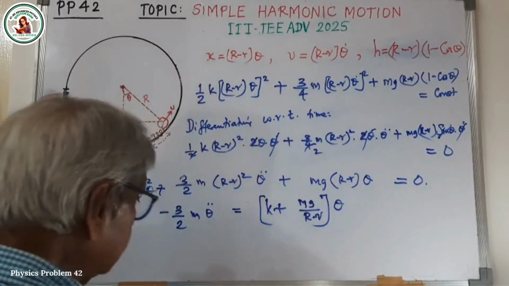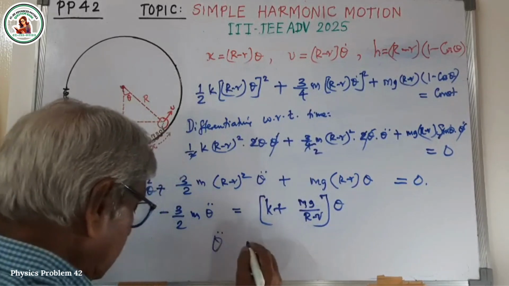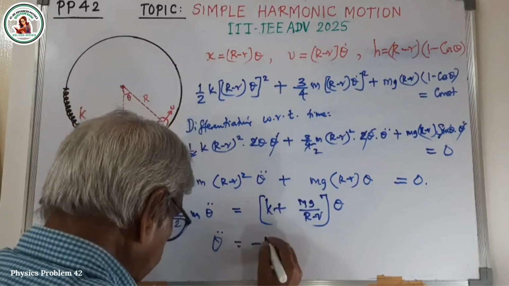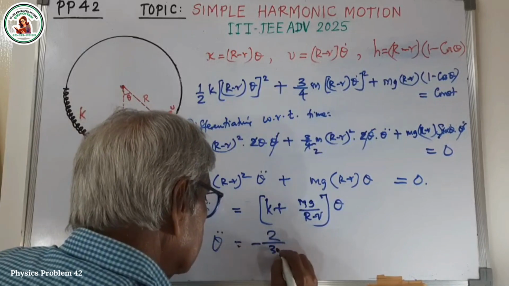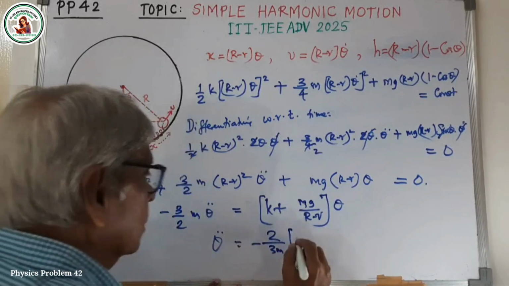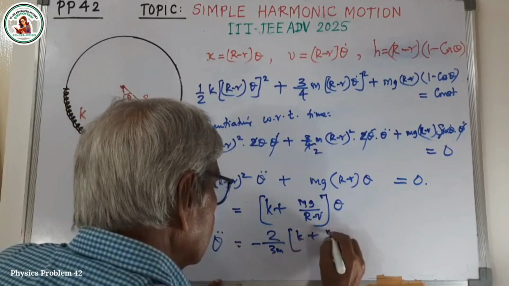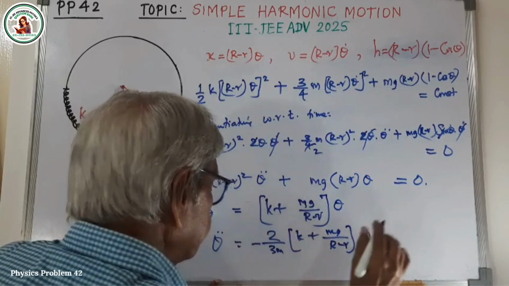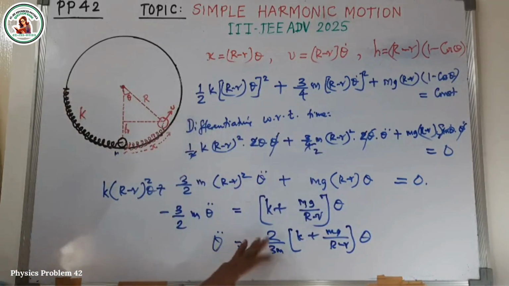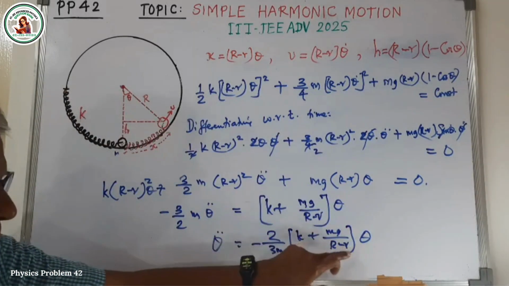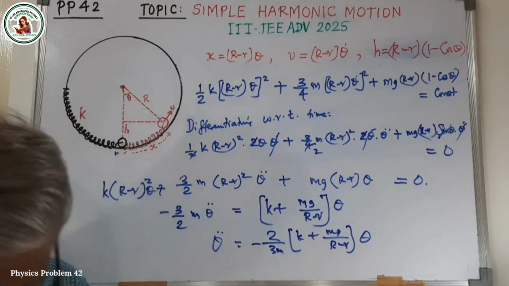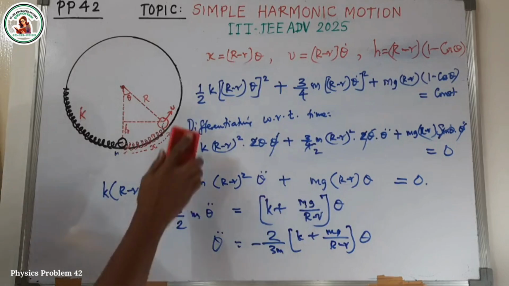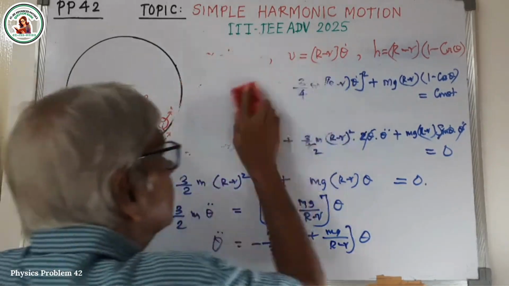So from here we get theta double dot equals minus 2 by 3 m times (k plus mg by (R minus r)) into theta. As I said, this is the square of the required angular frequency. The last steps I write here.